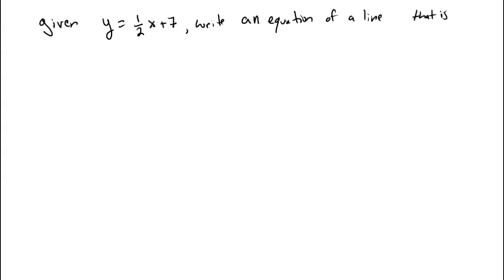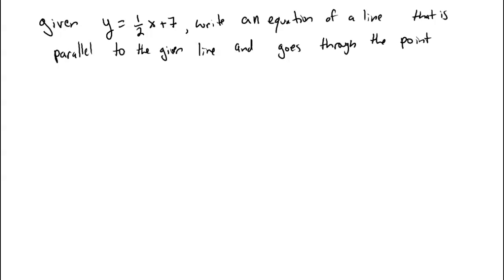Given y is equal to 1/2 x plus 7, write an equation of a line that is parallel to the given line and goes through the point, and let's do the point as 10, 3.